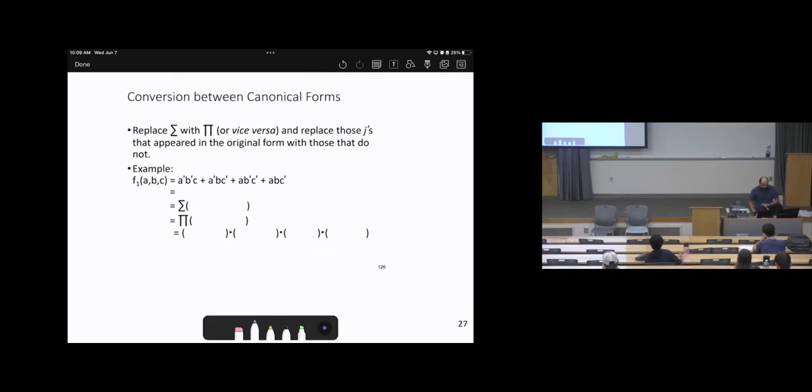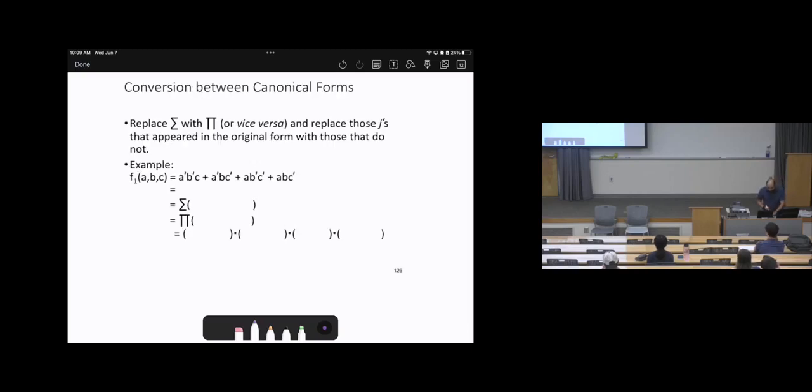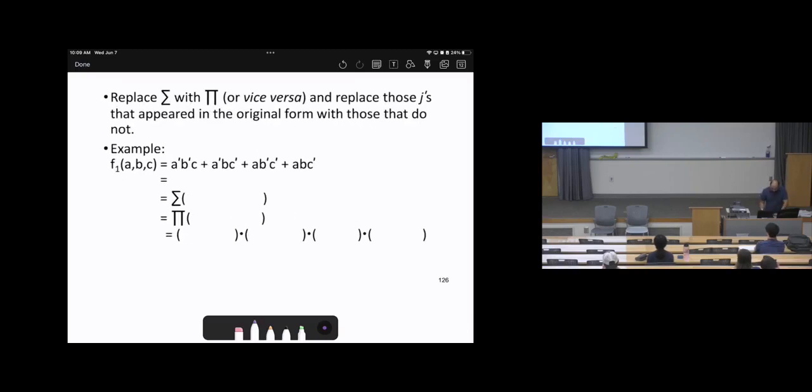Okay, let's look at this comparison between canonical forms. We already discussed this a lot, so let's do it one more time. Since we are in the canonical form, not the dual, which is the min terms, we call it sum of products.